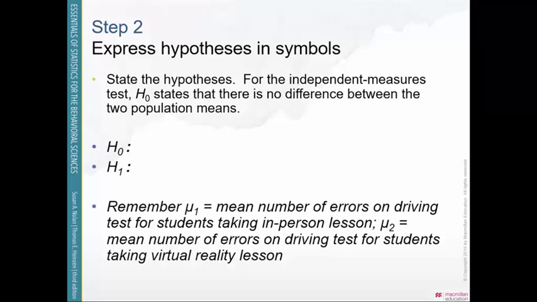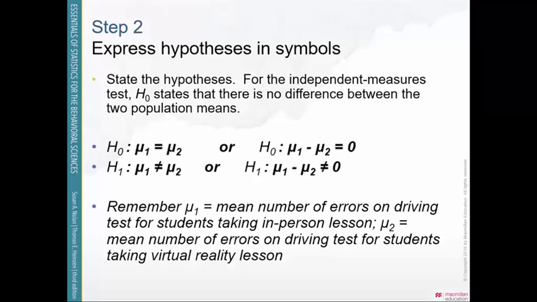State our hypotheses. Try to write these out for a second. And if you've already done that, pause it. Hopefully you see this. The null hypothesis is that the mean number of errors for group 1 should be equal to the mean number of errors for group 2.